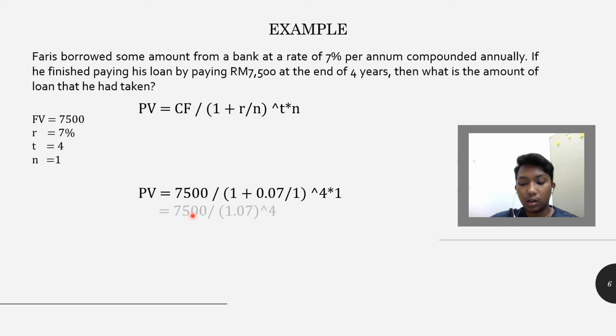So it will be 7,500 divided by 1.07 power 4, and then we will get 5,721.71, which is the present value. So the loan that Faris had taken is equal to 5,721 ringgit.